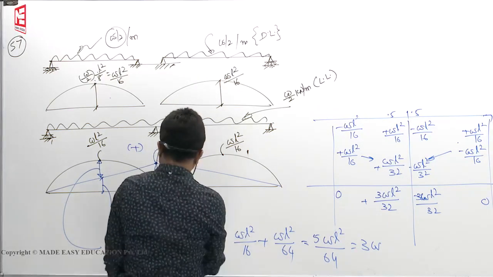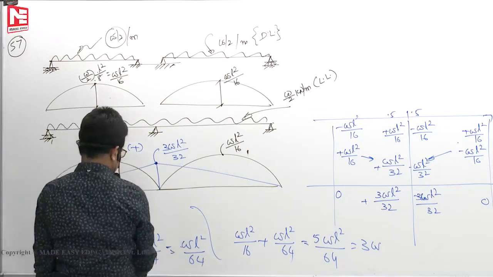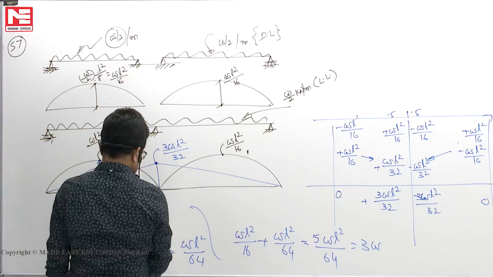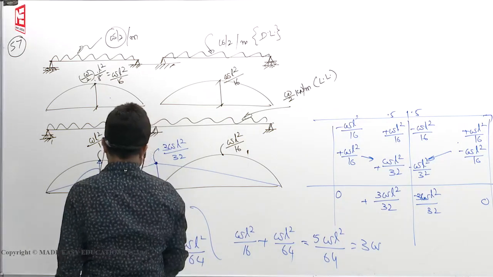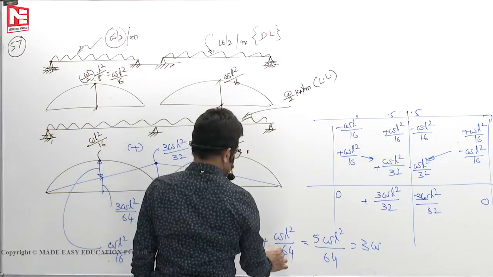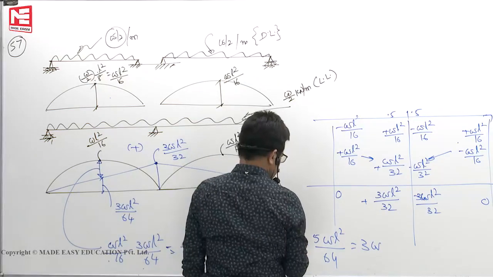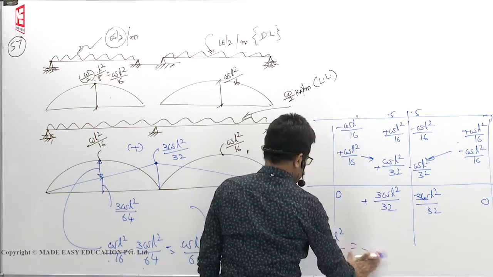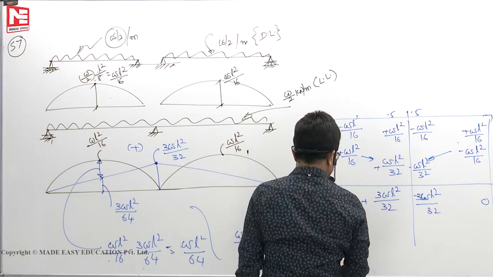WL square by 16 minus 3 WL square by 64 gives WL square by 64. So WL square by 16 plus this one. 64, 4 plus 1, 5. You are getting 5 WL square by 64.